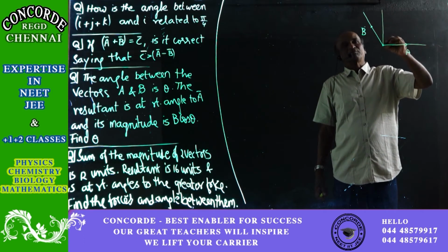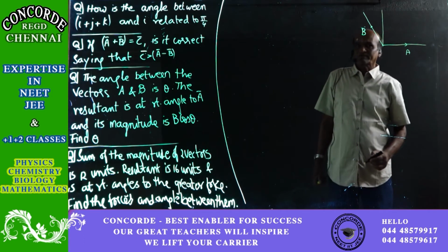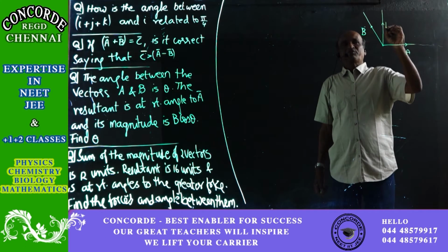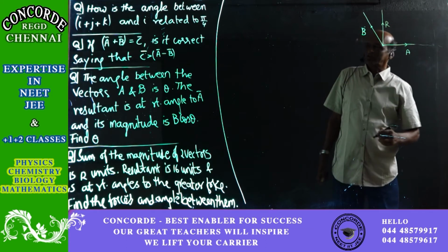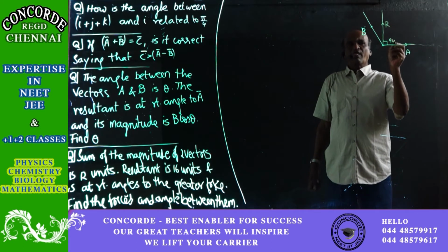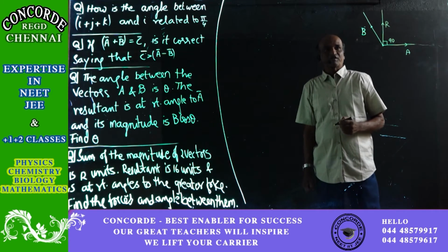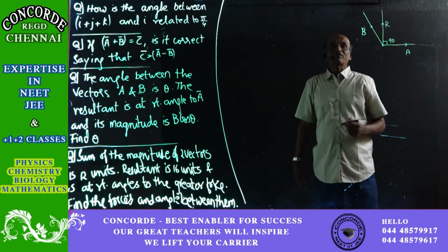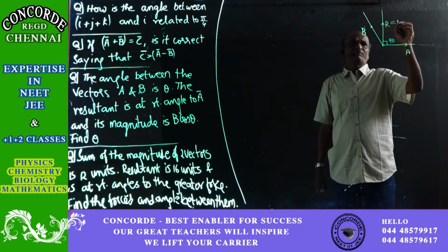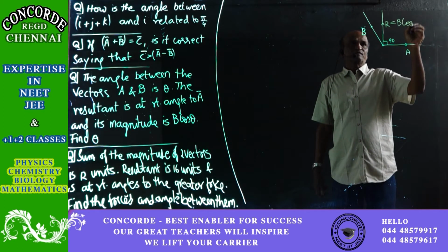So, this becomes the resultant. I am showing only the magnitude, I repeat it. So, 90 degrees from A is the direction of the resultant. Now, it is also given that this resultant is equal to B cos theta.